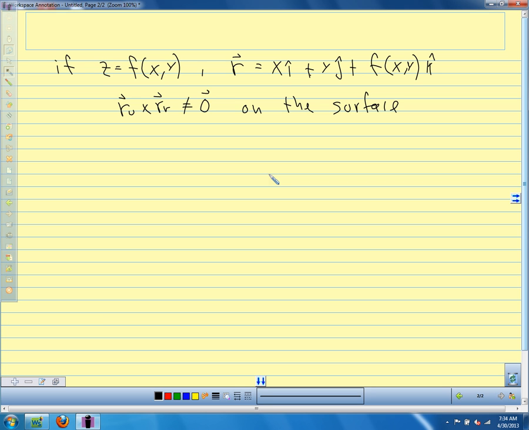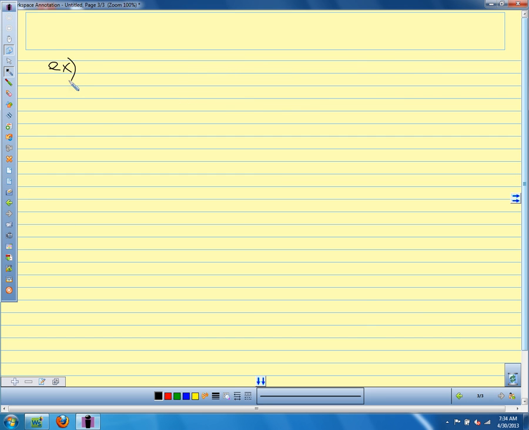So any questions on the development? All right, so what I wanted to do today is just do a couple of examples of doing some of these calculations with parametric surfaces. We'll find a tangent plane, and we will find a surface area.